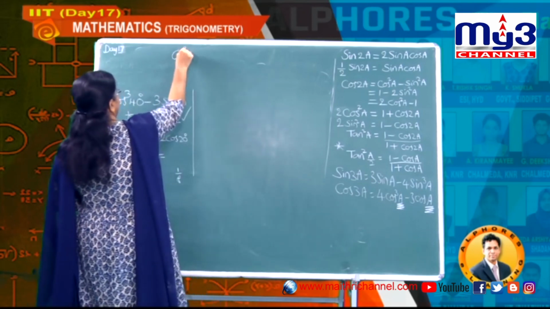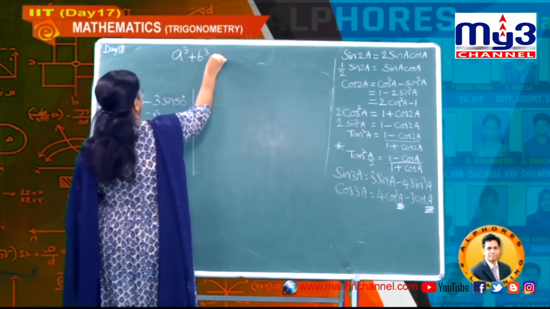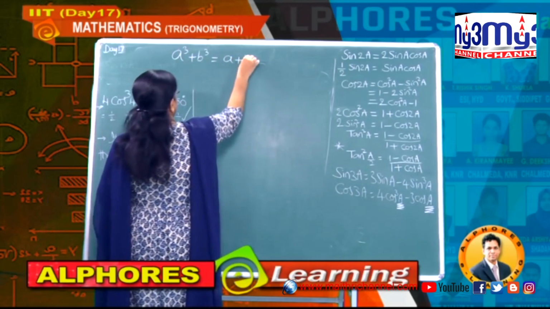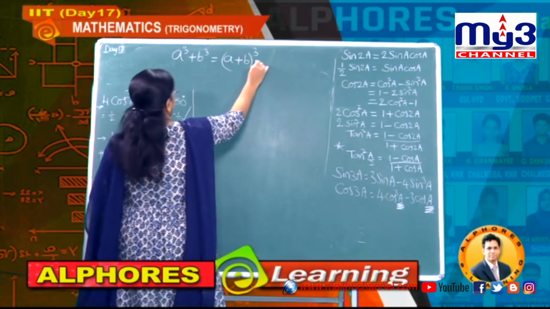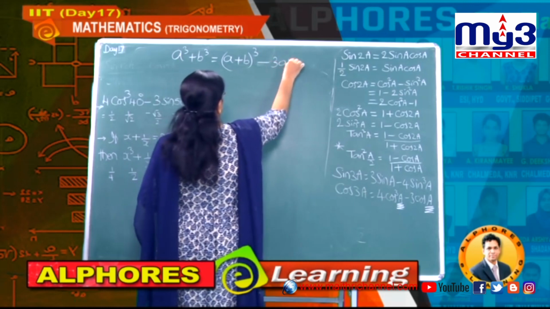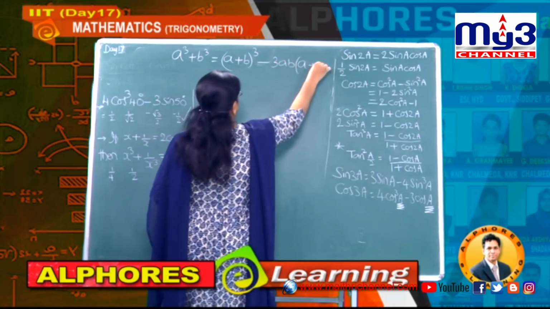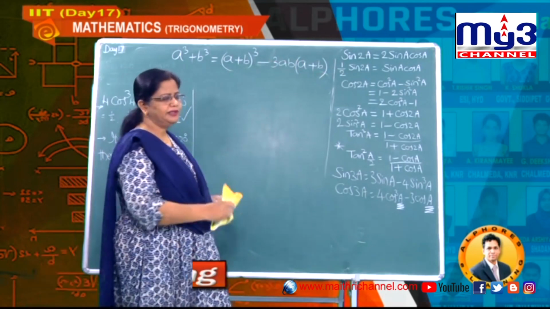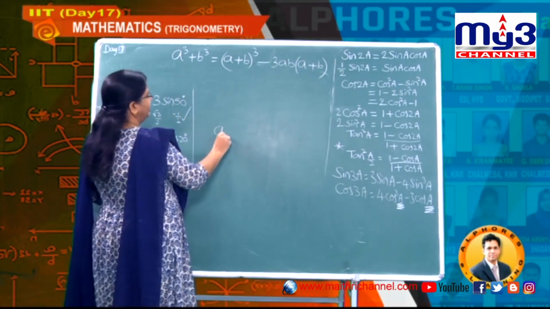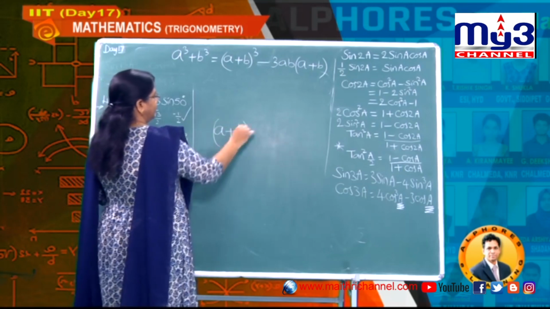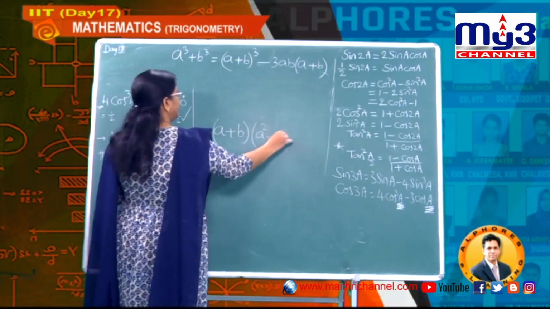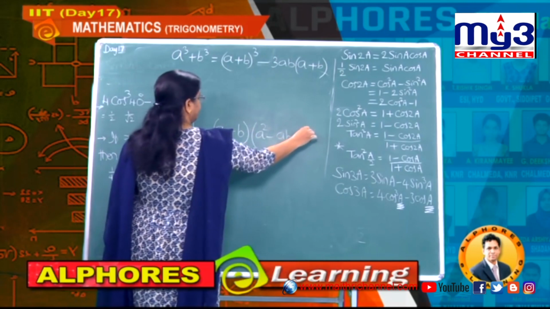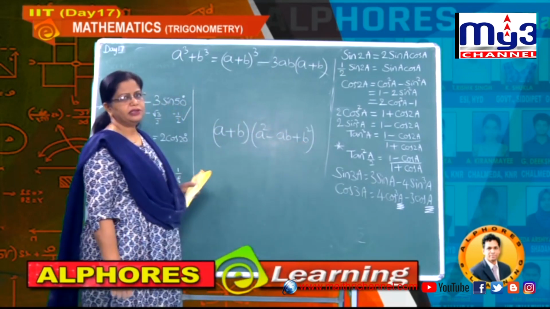It is nothing but a plus b whole cube minus 3ab into a plus b. So this is the formula you have for a cube plus b cube. Another formula is also there. What is the other formula? a plus b into a square minus ab plus b square.